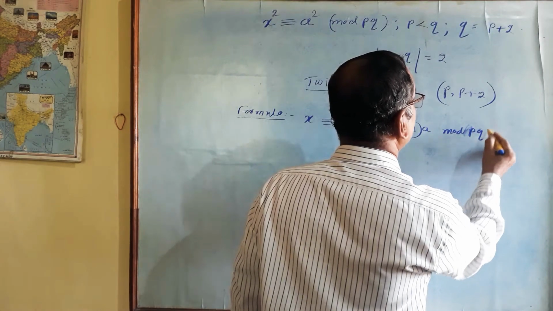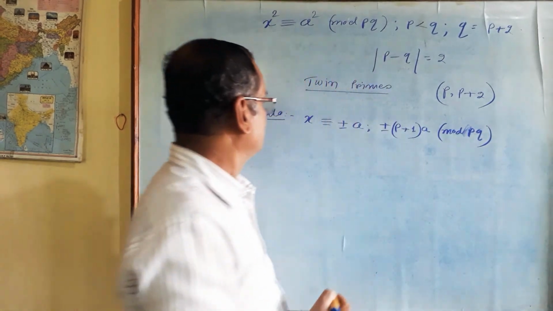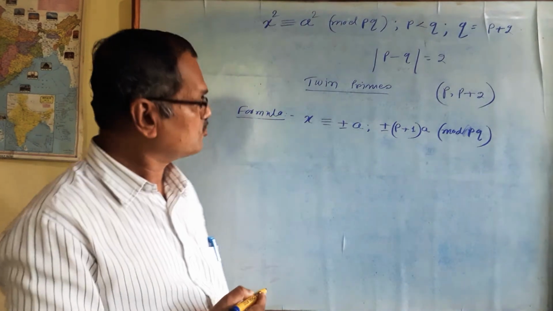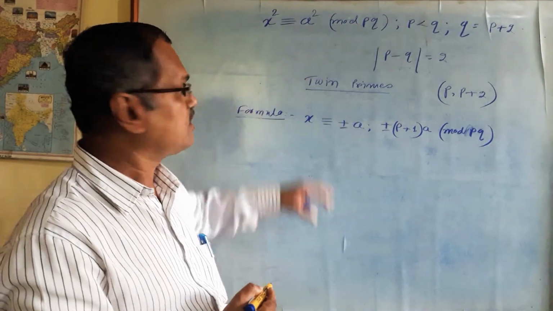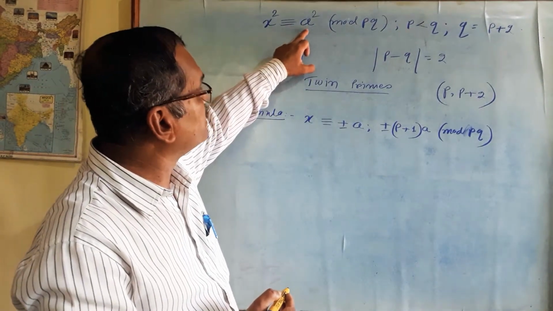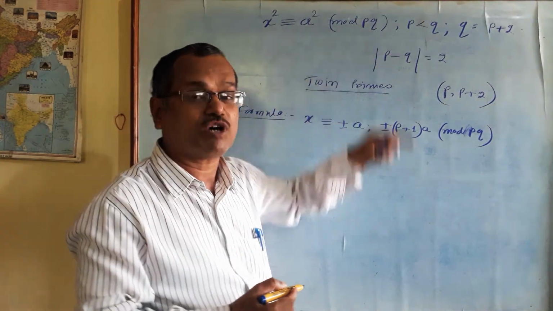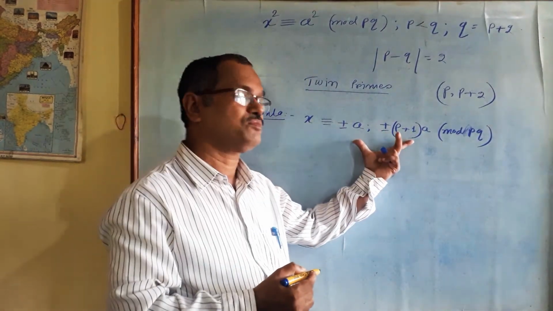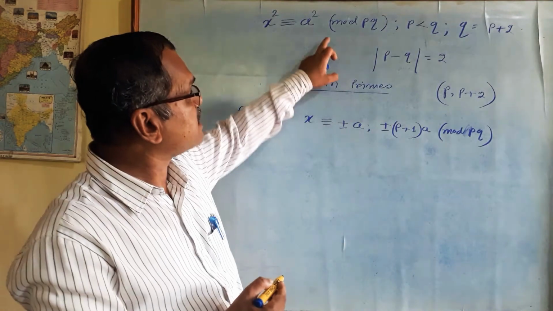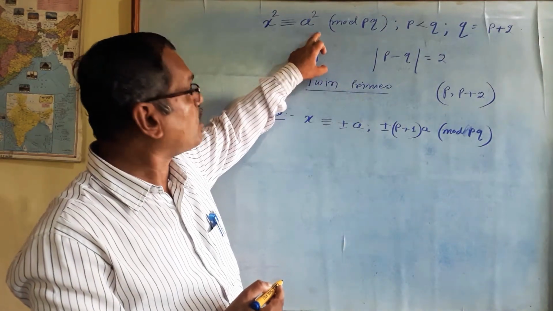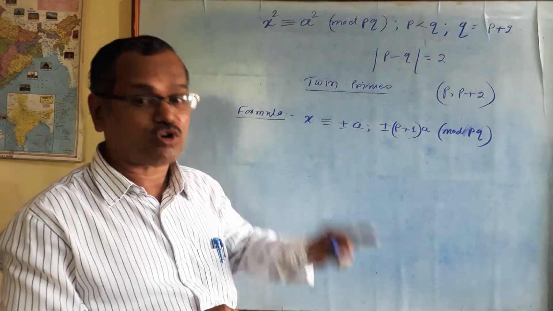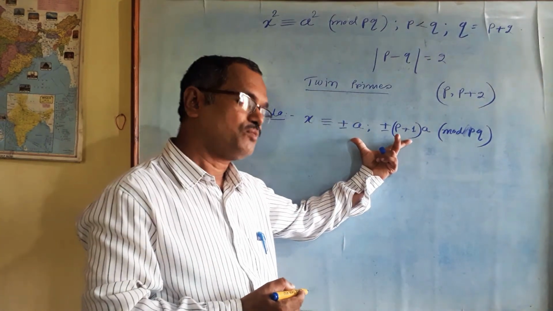Mod pq. These are the solutions of this quadratic congruence when x square is congruent to a square mod pq, where p and q are twin primes. These are the 4 solutions, because such a quadratic congruence is always solvable and it has 4 solutions.